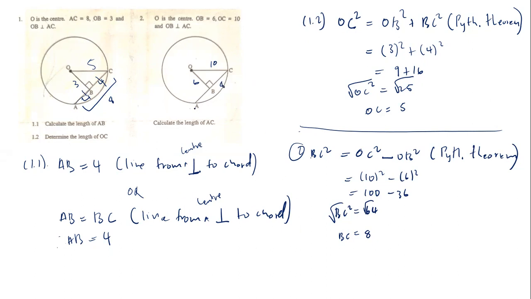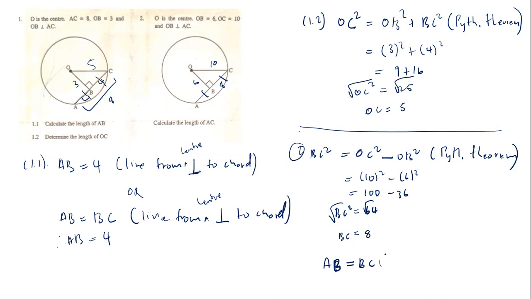Now let's determine the magnitude of AC. So now you're going to say AC is equal to 16. Why? Line from center perpendicular to chord. Or you can say AB, not AC, AB is equal to this side. AB is equal to BC, which is this side. Why? Theorem number 1, you are told this is perpendicular to this.